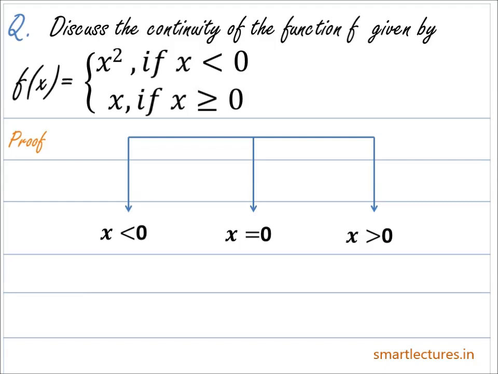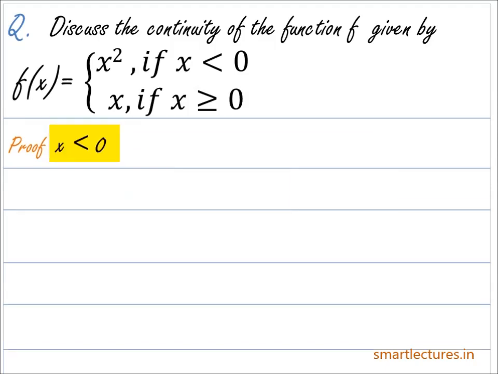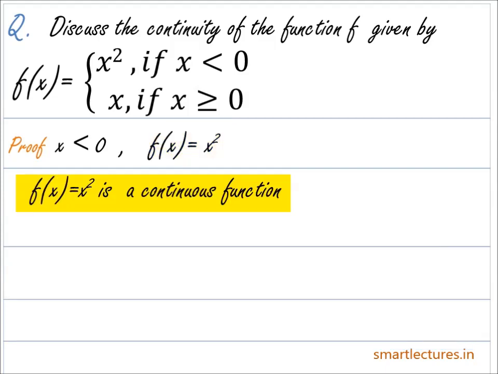And our first case, for the domain D1, here you can see the function is defined as: if x is less than 0, then f of x is equal to x square. And remember, we have already proved that the function f of x equal to x square is a continuous function.